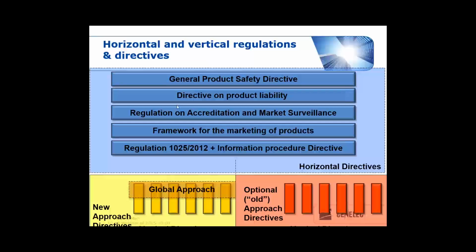We have also a legal framework for accreditation, market surveillance, and also conditions for marketing of products which are also commercialized in a third member state legally. How to do in case this product is commercialized in another member state. So there is a complete package of regulations and directives covering products.